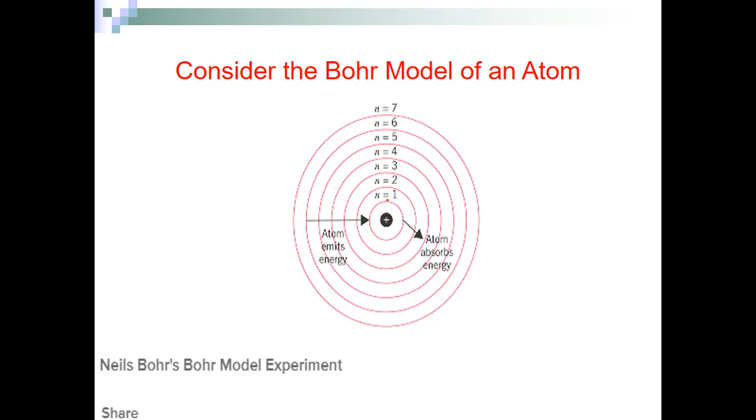So the N quantum number would mean the electron is on the first energy level if it was N equals 1. If I told you N equals 2, then we're talking about an electron on the second energy level. If I told you N equals 3, the electron's on the third energy level, 4, 5, 6, and 7.